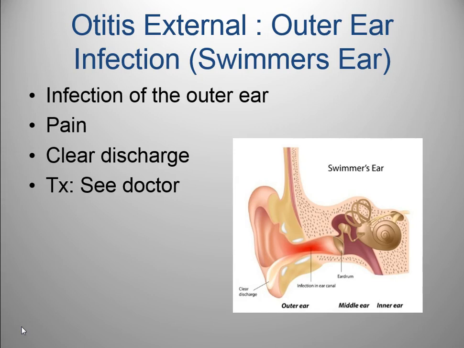One way that we check, and there's no science behind this, is to have the athlete pull down on the earlobe, and if they complain of pain in their ear, a lot of the time that's a sign of an outer ear infection or swimmer's ear. It can be treated by going to the doctor and getting an antibiotic or drops and keeping the ears dry.